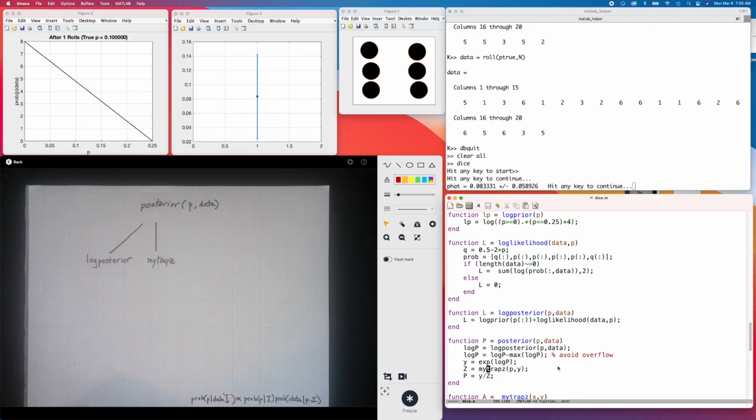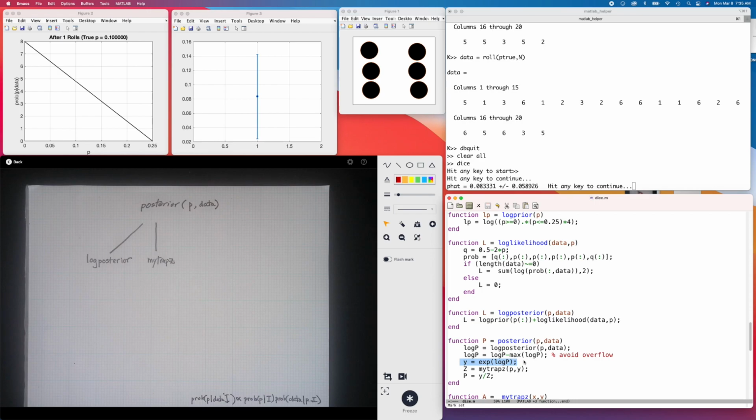So at this stage, y is a discrete set of values of the unnormalized posterior PDF. I do the integral under the curve and divide by that to make sure it now integrates to 1. Then I plot y divided by z, the normalized posterior.